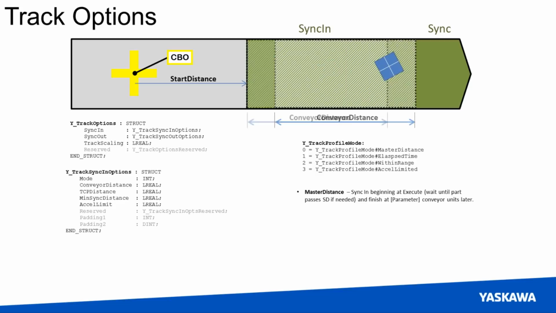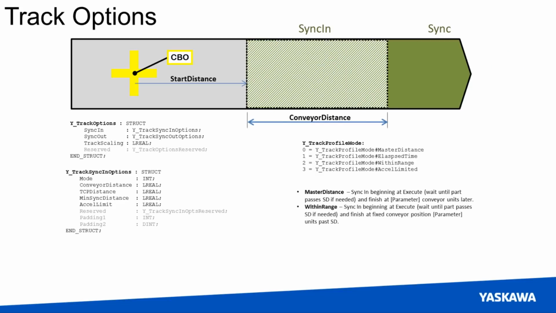The opposite of this, or the other option, is within range. This means that we'll begin at execute and finish at a fixed conveyor distance past the start distance. So if our part is already in the zone when we execute this, it doesn't matter. We still have to have it done by the time it reaches the end of this synchronization sync in region.